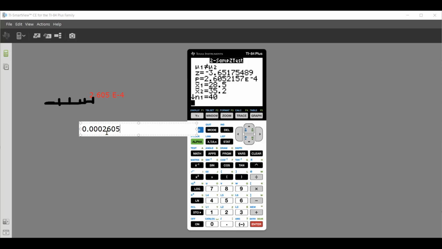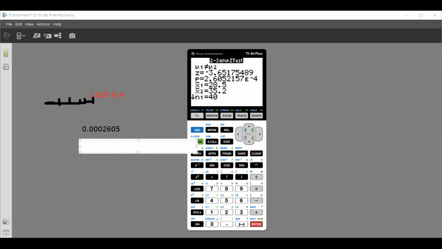You only need where the 2 is, but the 2 has a 6 behind it, and since that 2 has a 6 behind it, that's going to make this 2 a 3. So the p-value you're going to report is 0.0003, okay? So be careful with that.